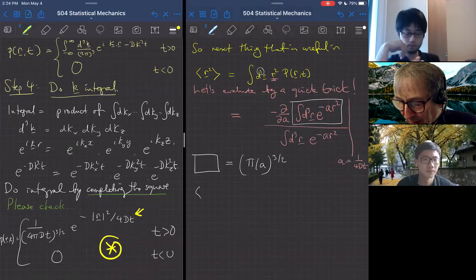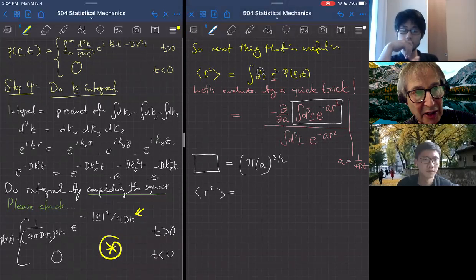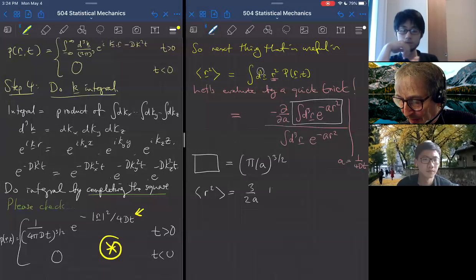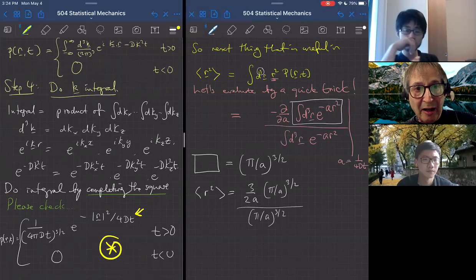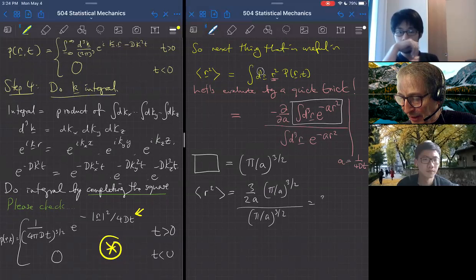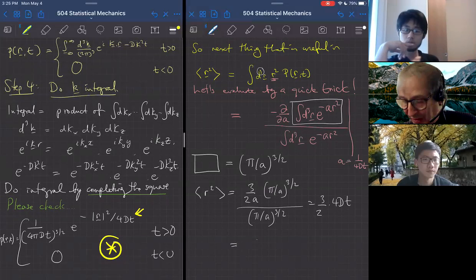So that tells you then that r squared is straight away 3 over 2a times pi over a to the 3/2, divided by pi over a to the 3/2. And so that is 3 over 2 times 4 Dt, which is equal to 6 Dt.